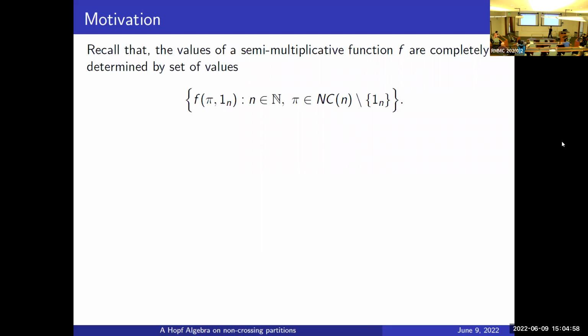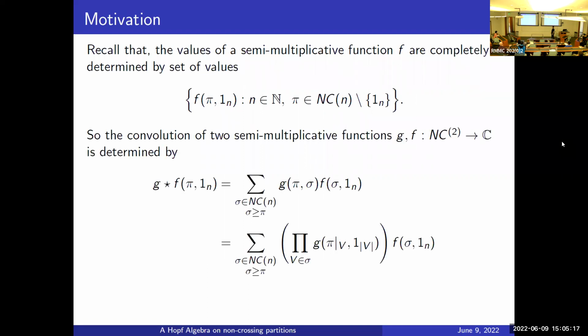So I only need to know the values for pi's in the non-crossing partitions. And I don't take the 1n partitions because I'm assuming that f of 1n, 1n is always 1, which is a very fair thing to assume.